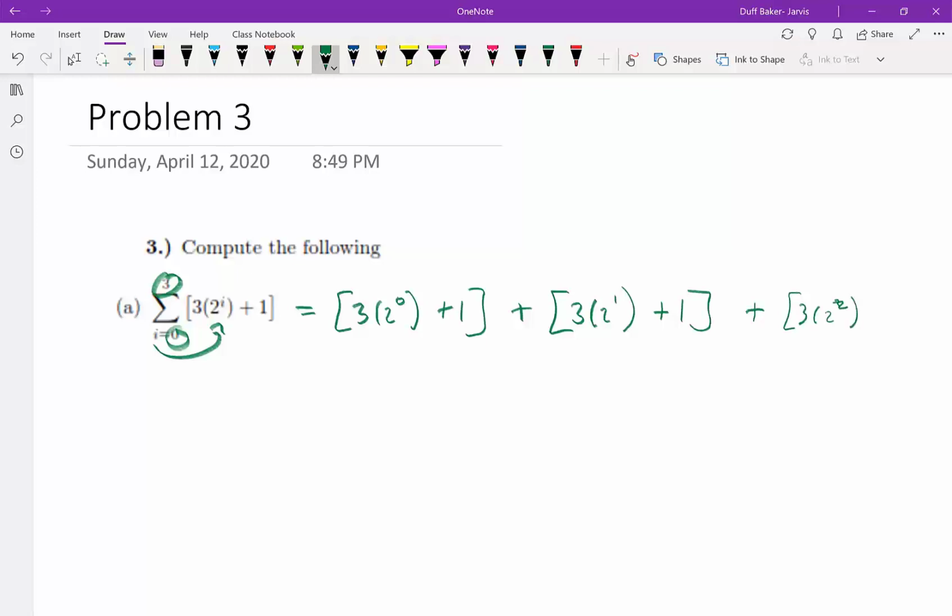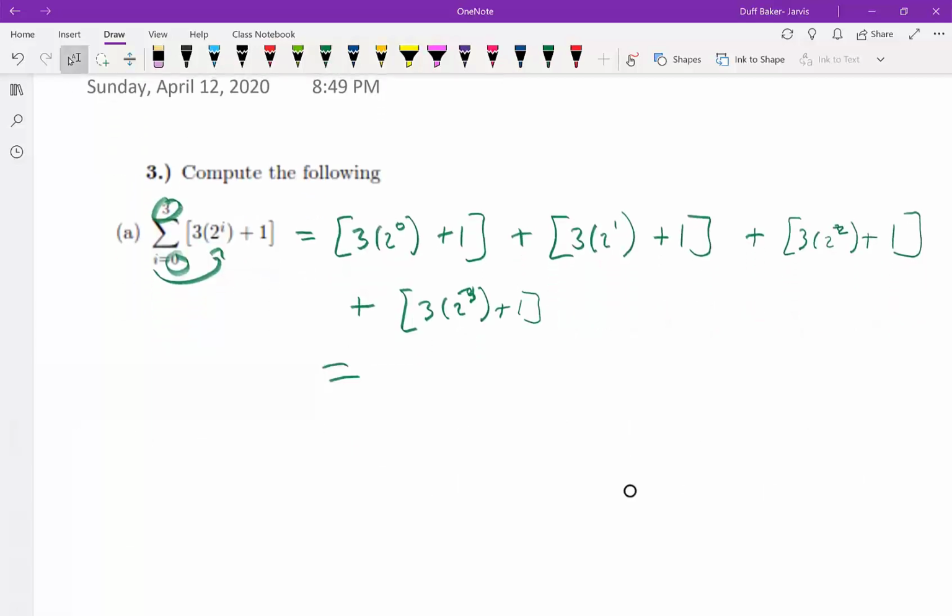So this one would be 2 squared plus 1 up to 2 cubed plus 1. And then you just add them all up, right?